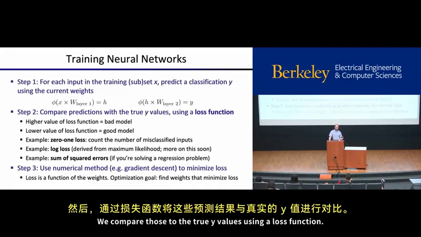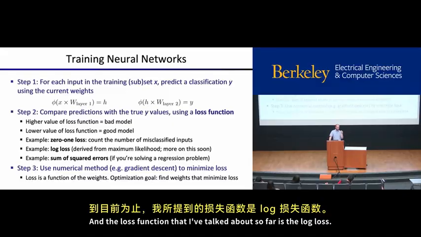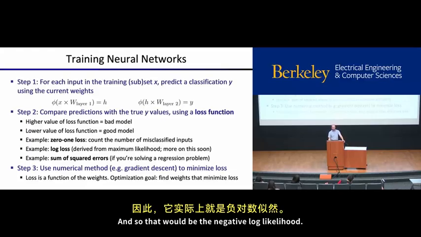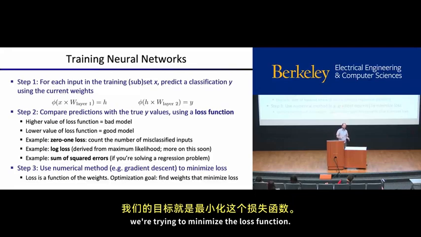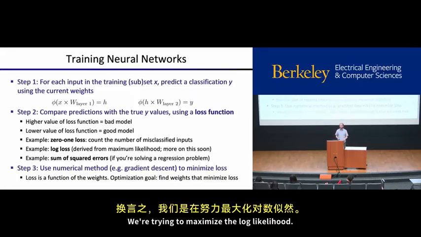We compare those to the true y values using a loss function, and the loss function that I've talked about so far is the log loss, that would be the negative log likelihood. So if we use the negative log likelihood as the loss function, we're trying to minimize the loss function, which means we're trying to maximize the log likelihood.